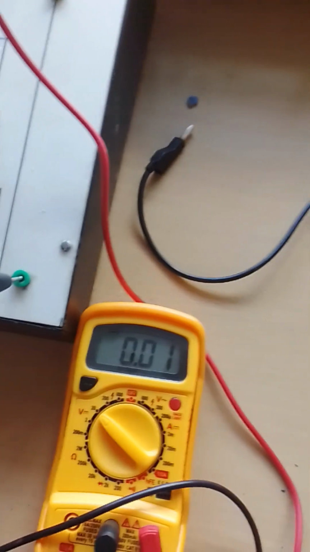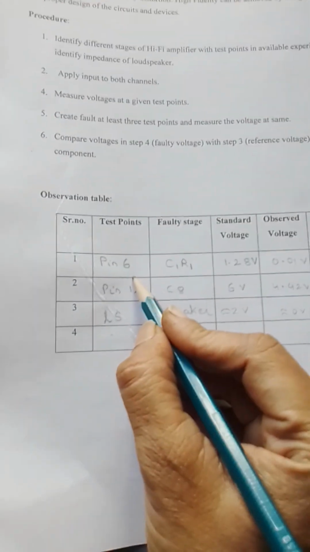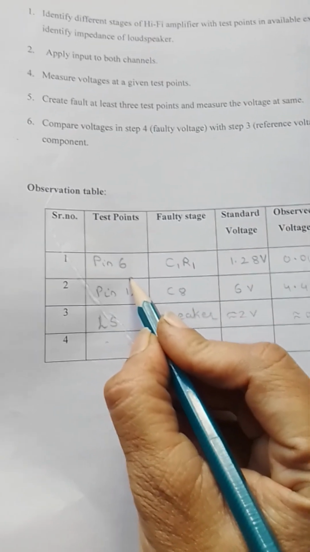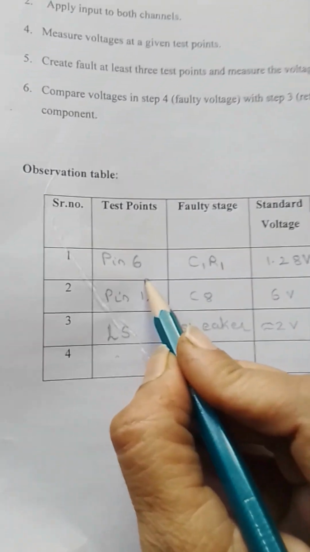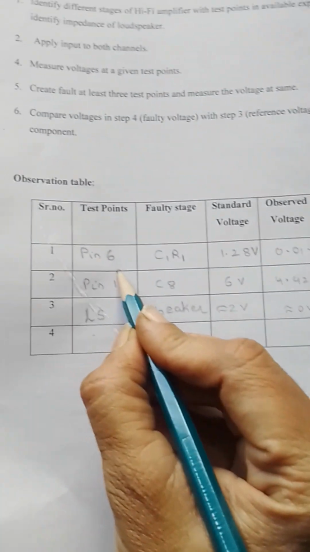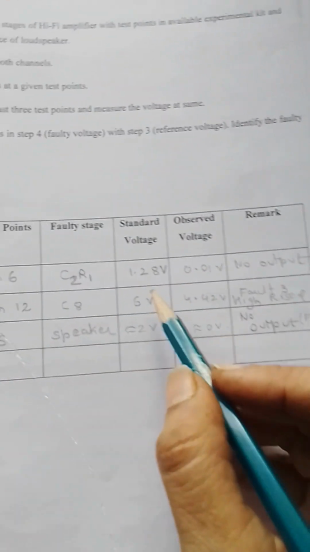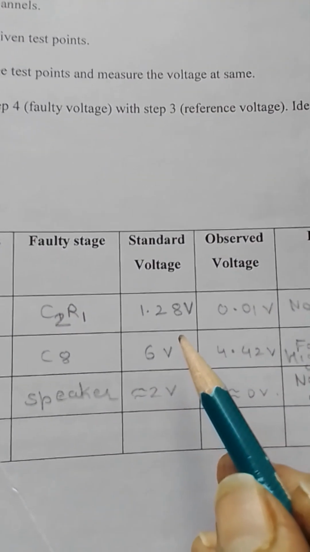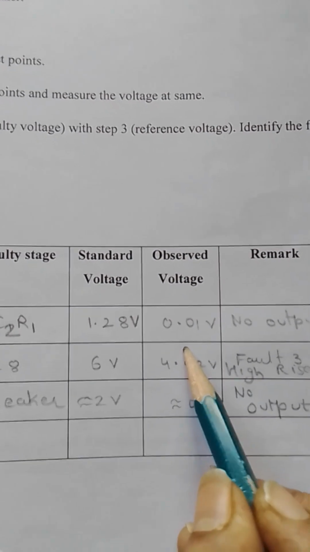So here we can see that at pin number 6, this will be our first observation, that is when applied fault 1. At pin 6 we can see that the voltage measured at C2R1, that is stage C2R1, standard voltage it was nearly 1.28 volt and observed voltage is nearly 0 volt.